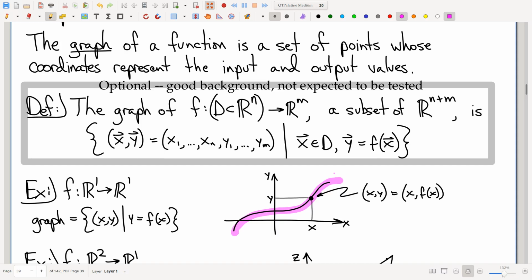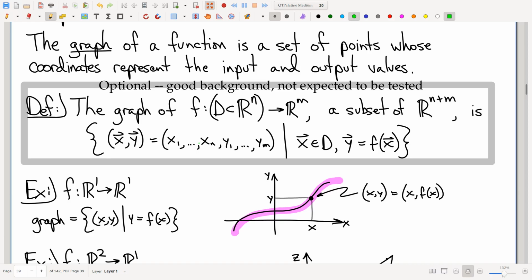Okay, what exactly is the process that makes this picture? And there's a couple different ways to think about it. As I have it drawn in the optional, by the way, I made this definition optional just because there's a lot of notation, and I don't want you all to get distracted by notation.